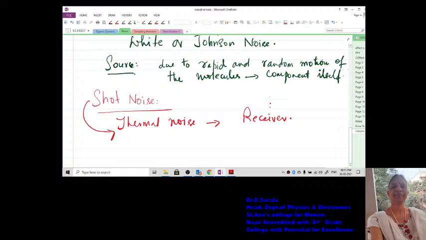Why is shot noise coming? Shot noise is found in amplifying devices. Why is it caused in amplifying devices?